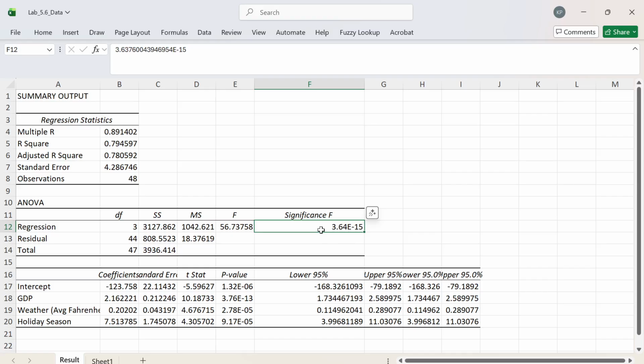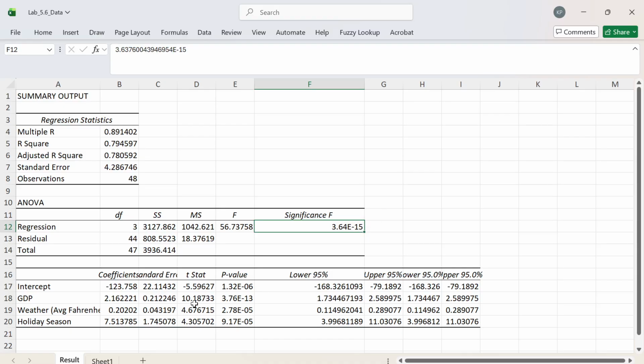Significance F, the p-value, is less than alpha, and in this hypothesis the coefficient of GDP or weather or holiday or all of these variables are not 0, and it means that the regression performed better than a prediction made by random chance, or Y equals B, where B is the intercept.